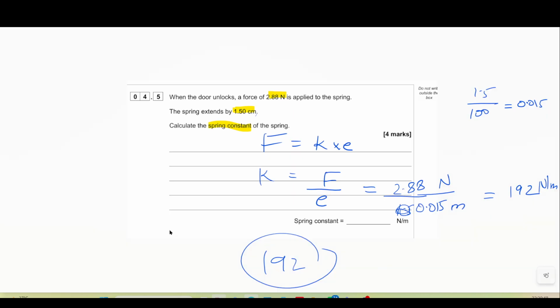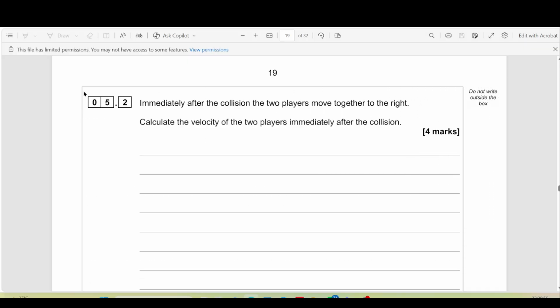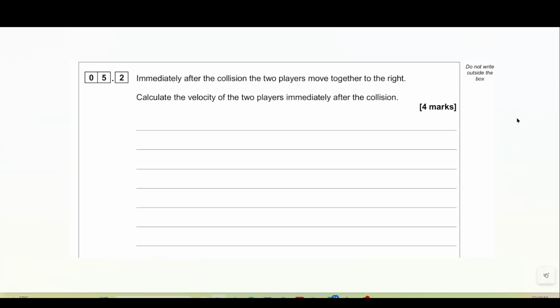Immediately after the collision, the two players move together to the right. Calculate the velocity of the two players immediately after the collision. Final velocity minus initial velocity equals acceleration times distance?